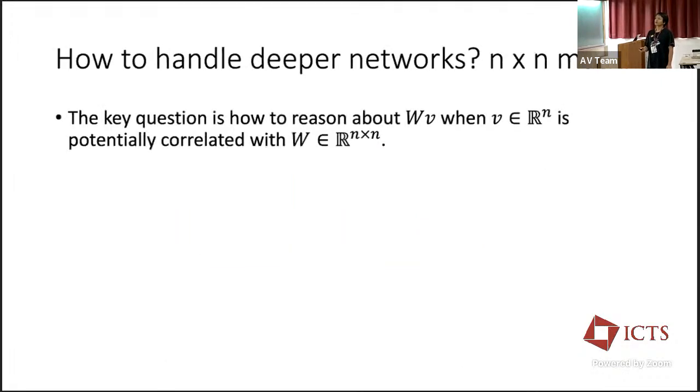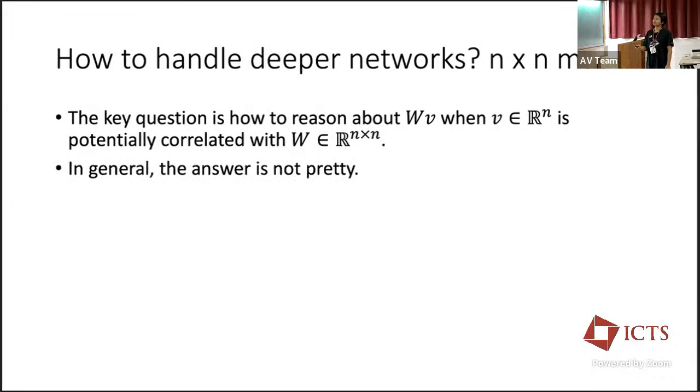To summarize, the key question for the general case, the deeper networks, is the presence of these n by n matrices, these square-ish matrices, versus things being more vector-like when you only reason about two-layer neural networks. So the key question is how to reason about WV, when V is a vector of dimension n that is potentially correlated with W, the matrix of dimension n by n.